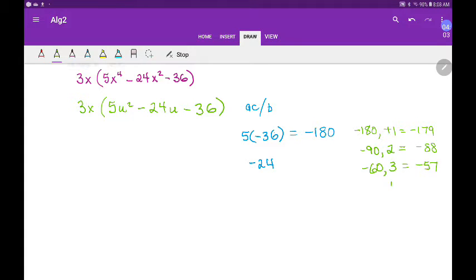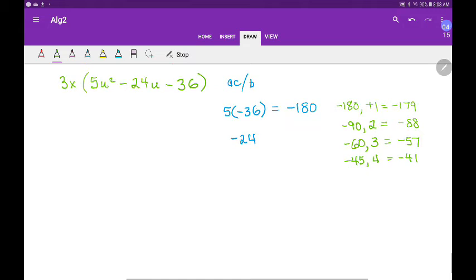I know that 4 is a factor. 4 and 45, if you've ever taken geometry. 4 and negative 45 would give me negative 41. How about something else? There's 5, yeah, 5 goes in. Well, 5 and 36, we knew that from up here. So we'd say 5 and negative 36.